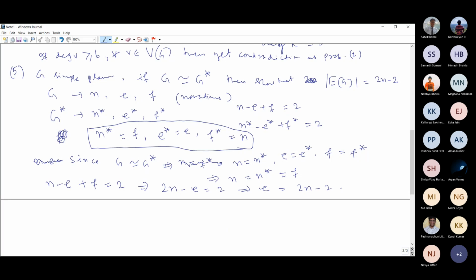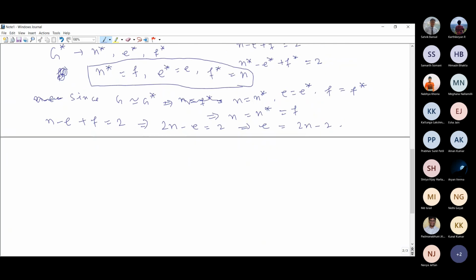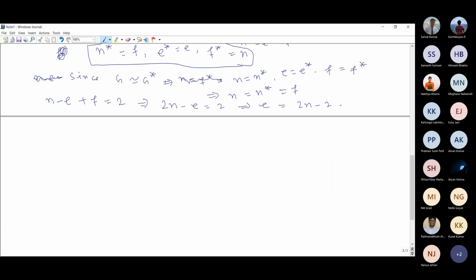Well, then next, here a definition is given. We say that a simple planar graph is a maximal planar graph if no new edge can be included without disturbing planarity. Also, a simple planar graph is called a triangulation if the length of all its faces is equal to 3.